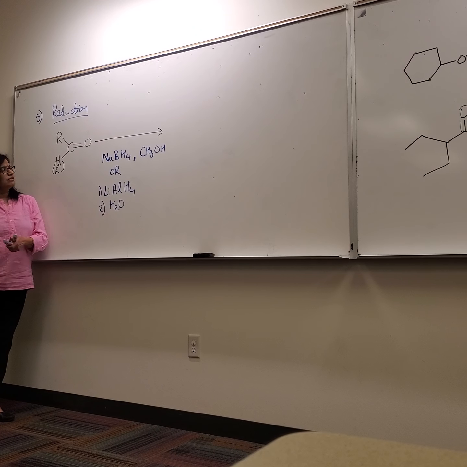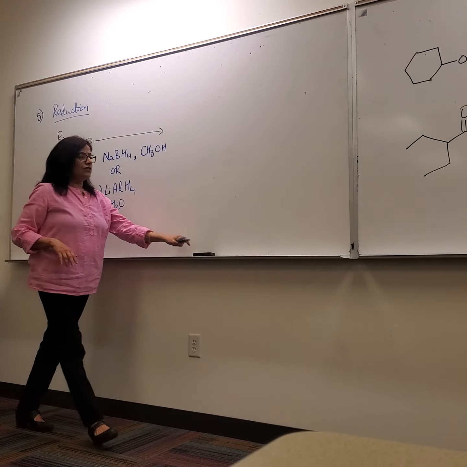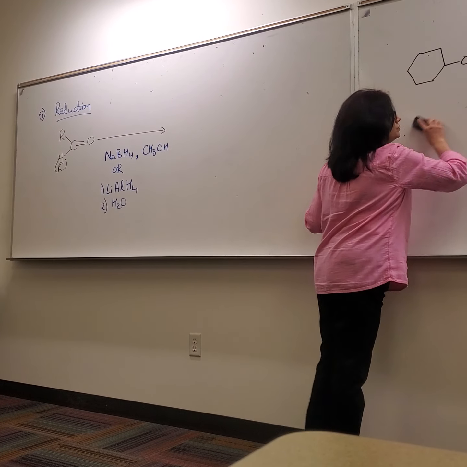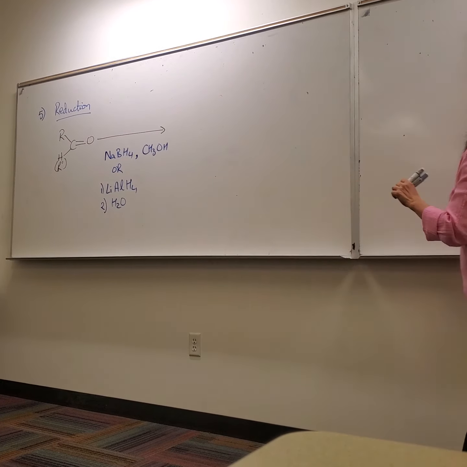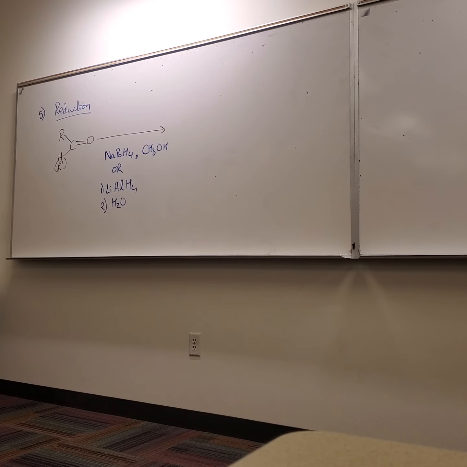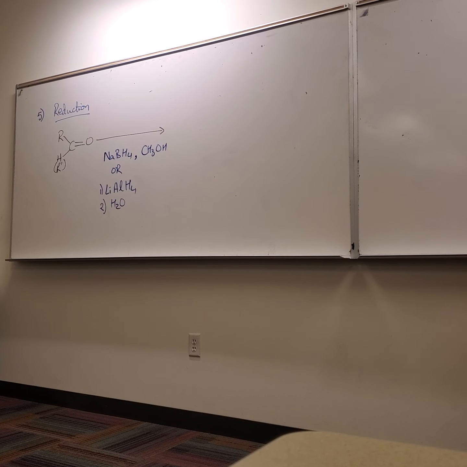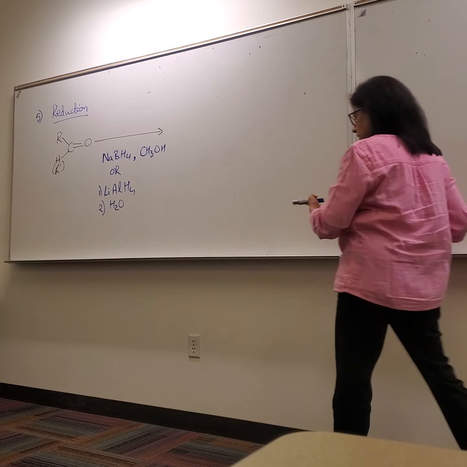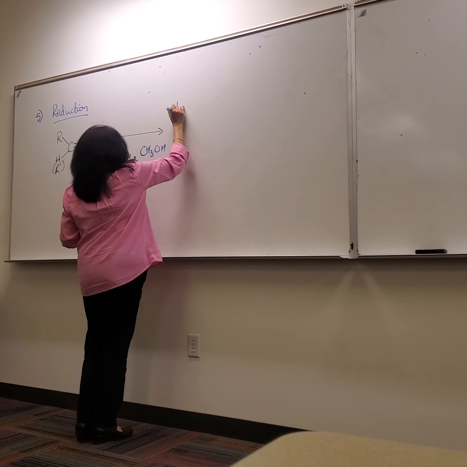We also wrote a mechanism, but what would be the product? If an aldehyde or a ketone is reduced with sodium borohydride or LAH, what's the outcome? An alcohol. What kind of alcohol does an aldehyde produce?